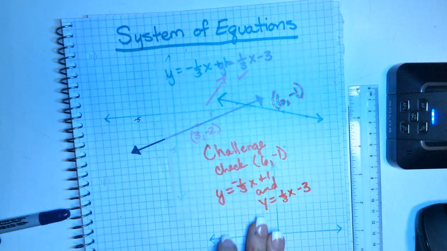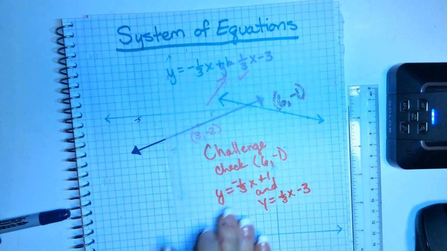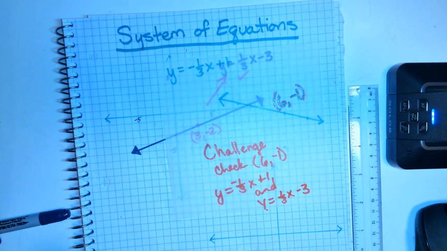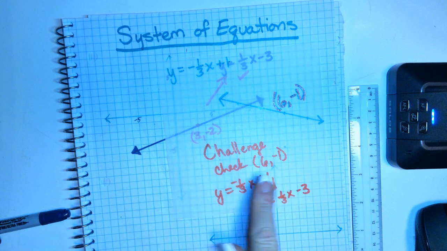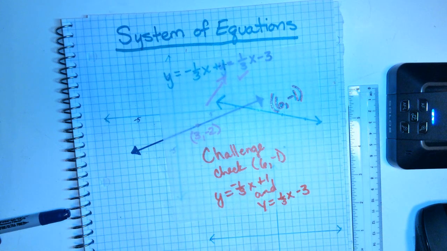Now I'm going to tell you that is correct. This is actually the correct answer, but I want you to do the check on your own and make sure that you can come out with correct values and that these are true statements. Okay?